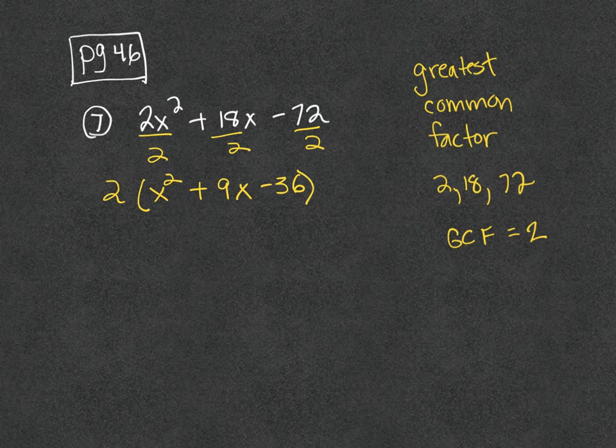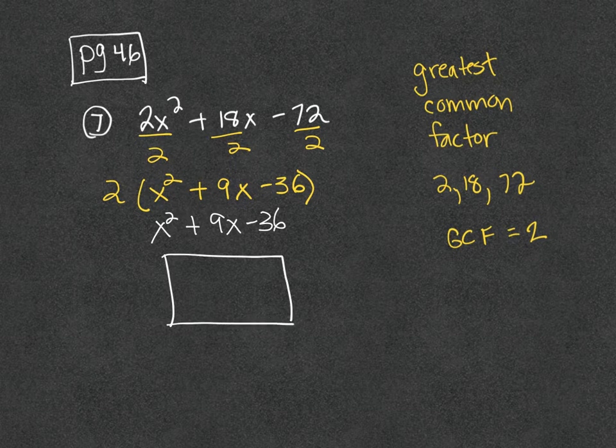We're going to look at what is in the parentheses here, the x squared plus 9x minus 36, and see if this can factor any further. And so I'm going to draw the box, and I'm going to start by putting in that my x squared is x times x, and then I'm going to put in my negative 36.